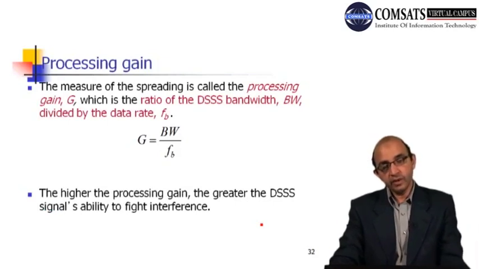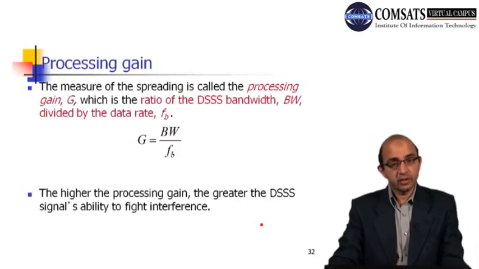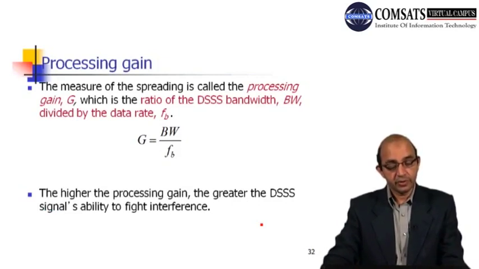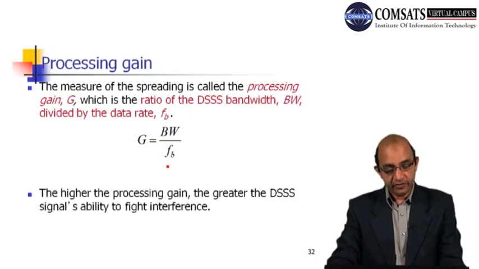Then we can gauge the spreading by the processing gain. This processing gain is represented mathematically by G, and the expression for it is the bandwidth BW over the data rate FB, where BW is the bandwidth and FB represents the data rate.